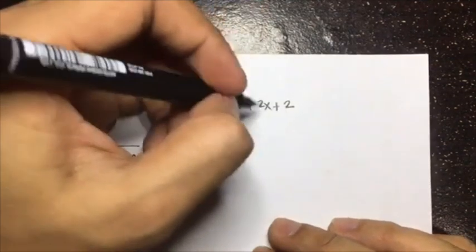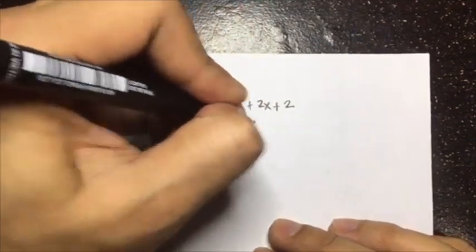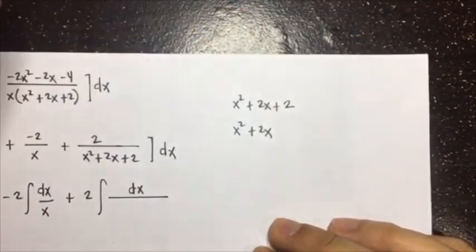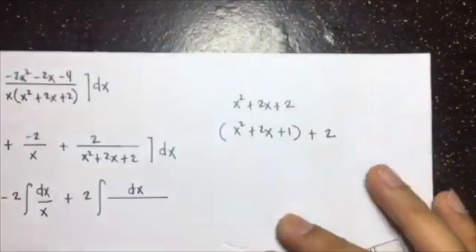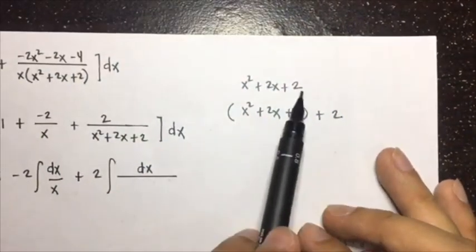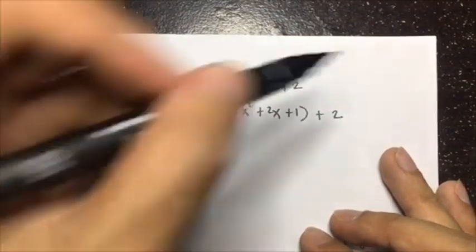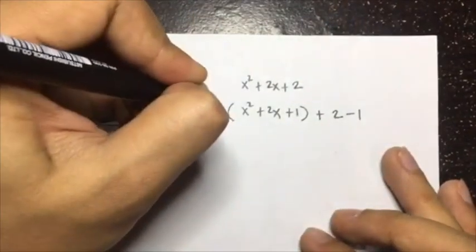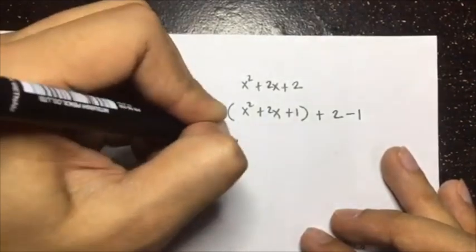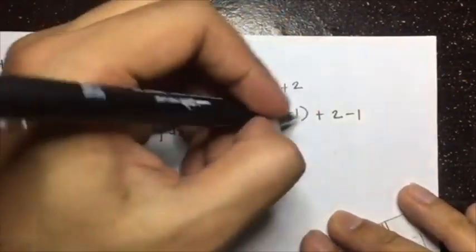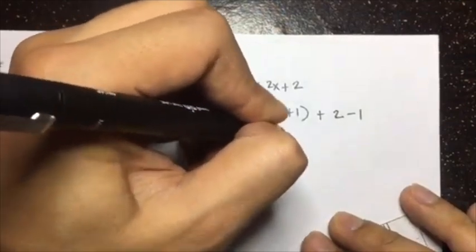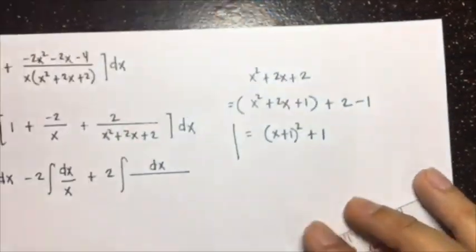Review your completing the square: x squared plus 2x plus 1, and then plus 2. Since we added 1, we must subtract 1, so this becomes x plus 1 squared plus 1.